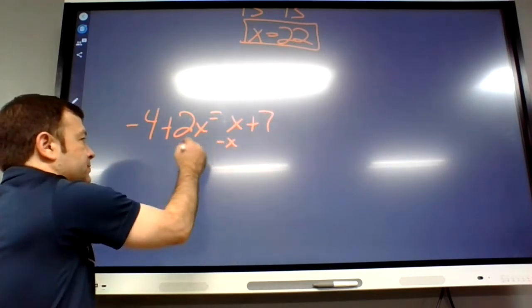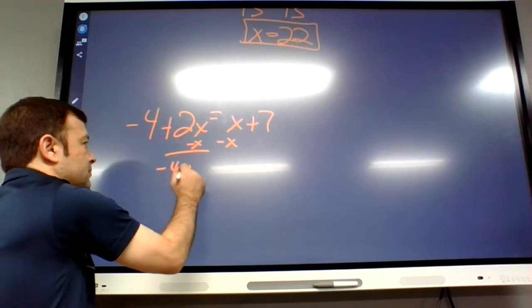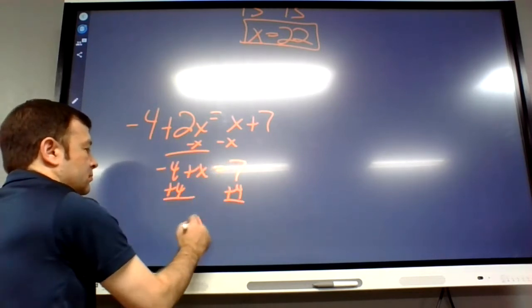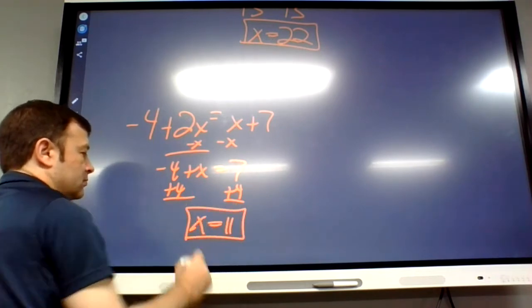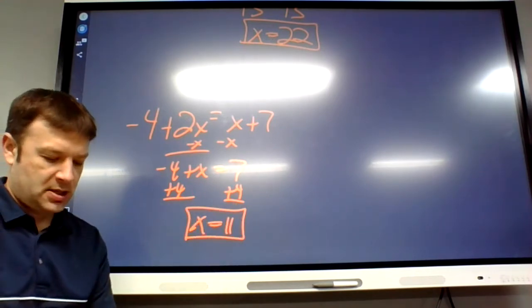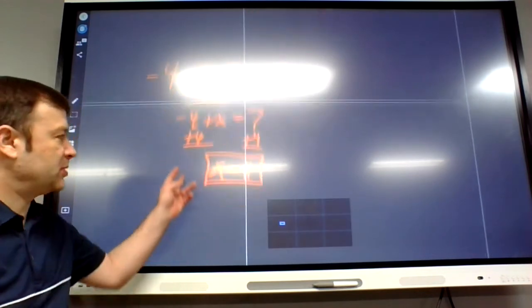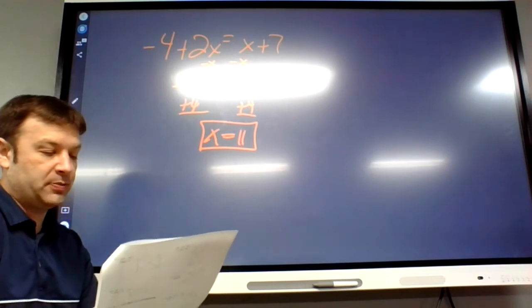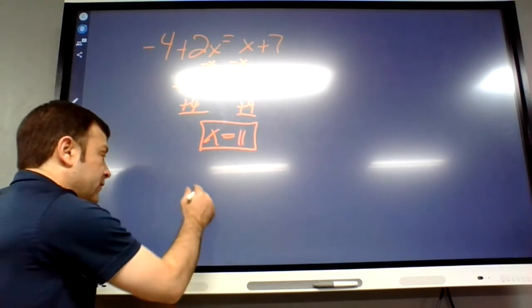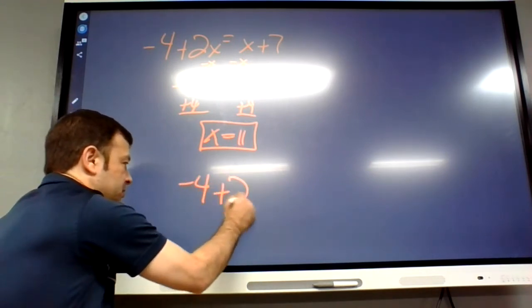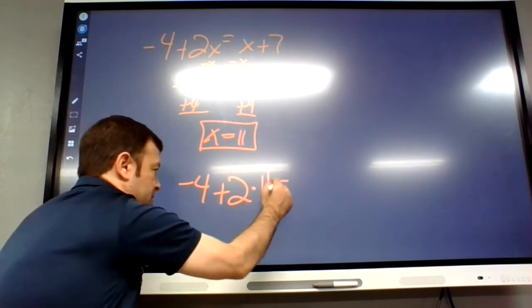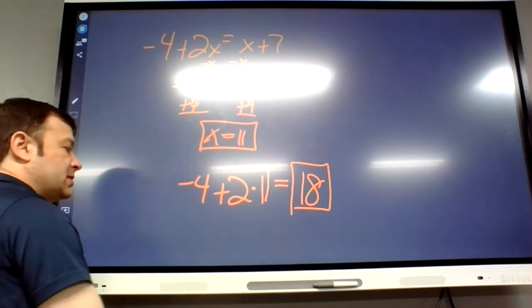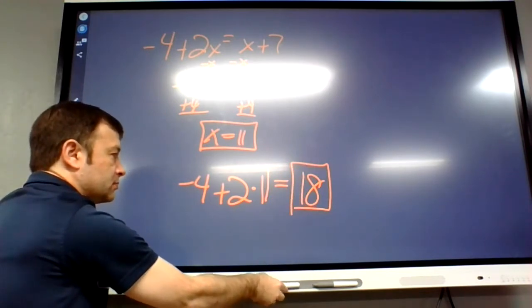So yeah, 11's not the answer. 11 is what we use to get the answer. It's 17. So to find CD, we're going to plug 11 back in. So we got negative 4 plus 2 times 11, which is 18. Now that's the actual answer.